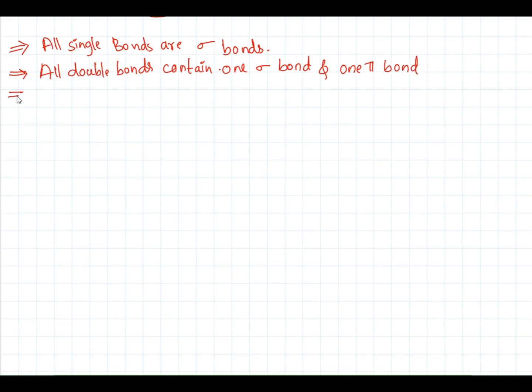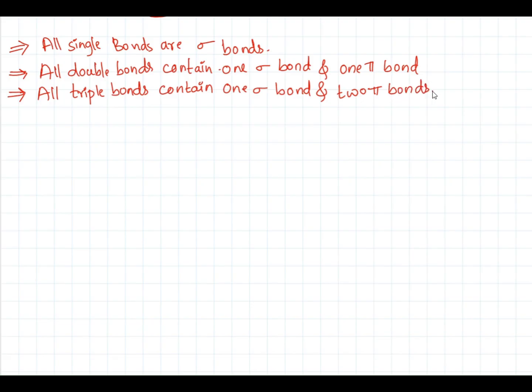And we also know that all triple bonds will contain one sigma bond and two pi bonds, right?